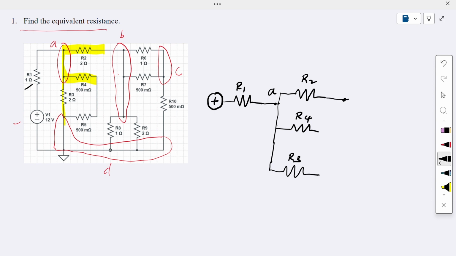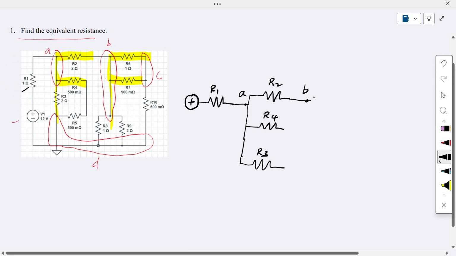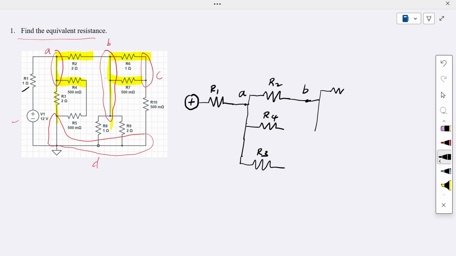Now here we have this B node. On this B node, what we can see is it splits into this one and this one. So starting from the B node, it splits into 3 paths as well. Here we have R6, and then we have R7, and then this one splits into R8 and R9.